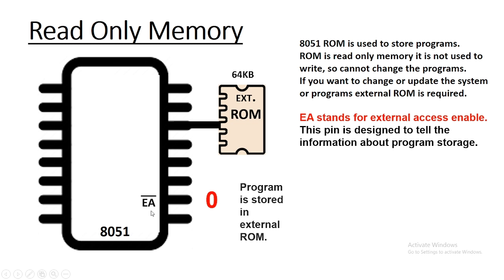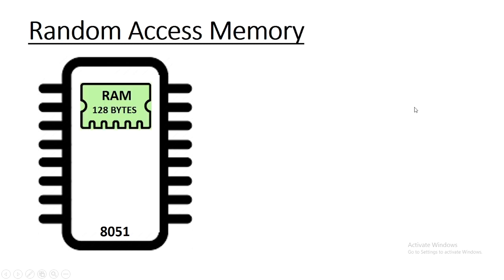This external access is the hardware input for 8051. It is used to discard the internal ROM. So when EA is connected to 0, it tells the microcontroller that each and every instruction of the program is stored in the external ROM, and internal ROM is of no use. So it directly fetches the program from the external ROM.